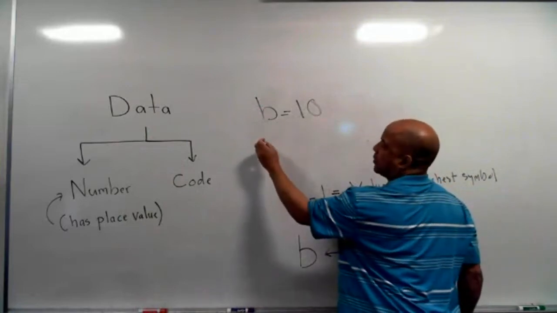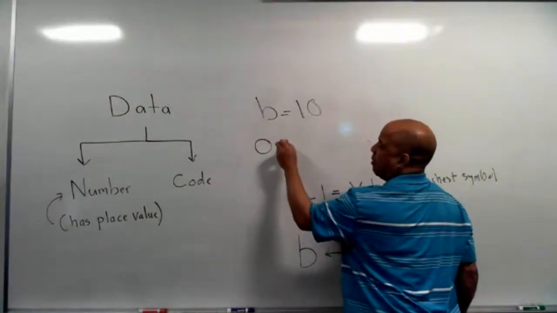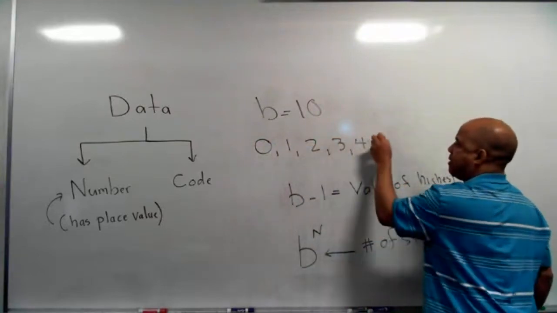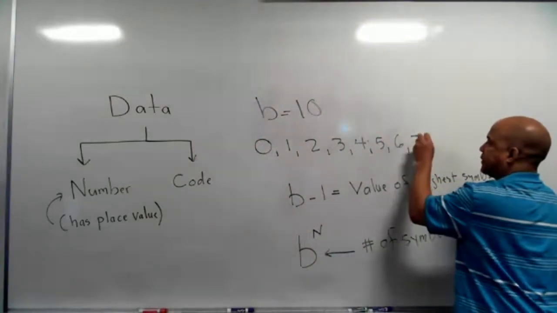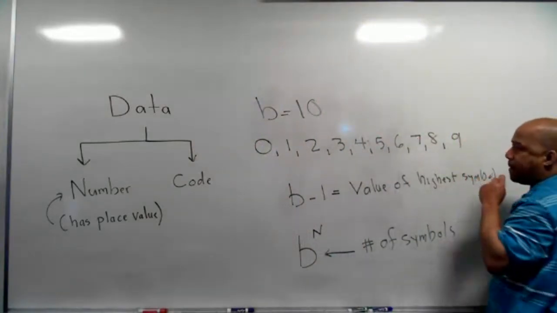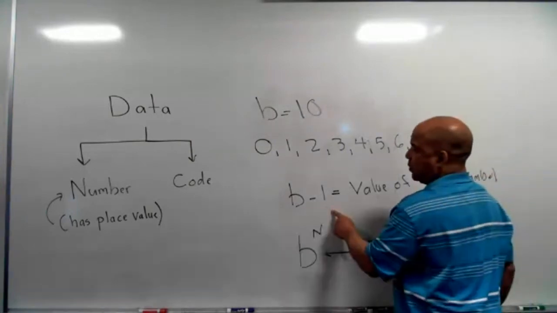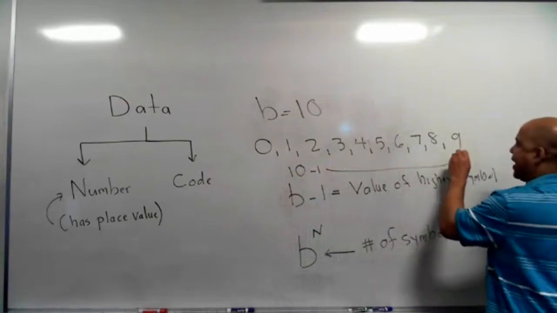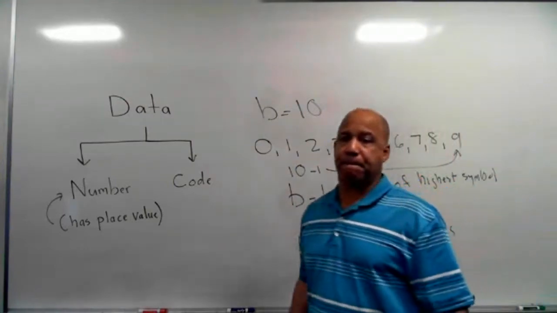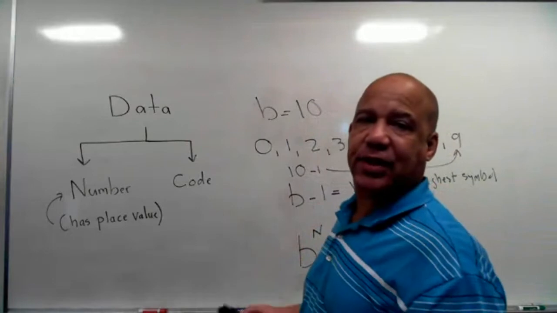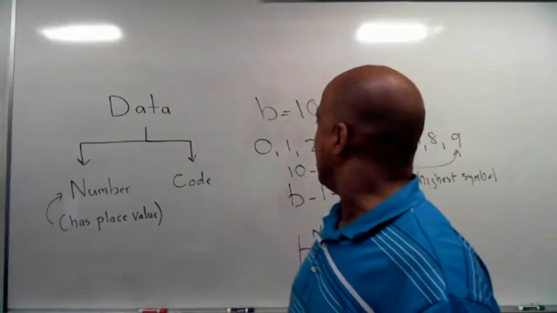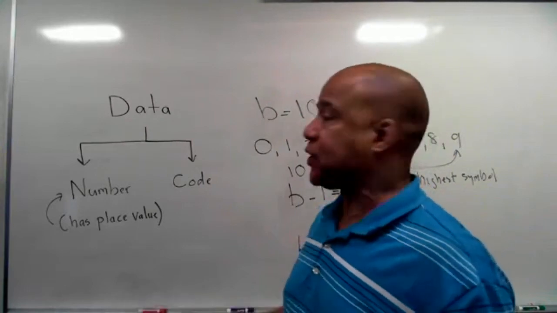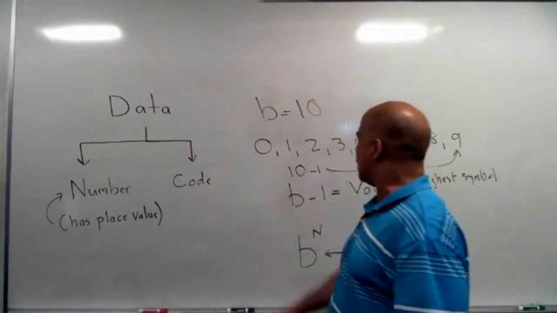Those symbols, we start with 0, and then we go 1, 2, 3, 4, 5, 6, and so on. If I take the base minus 1, 10 minus 1, I get the value of the highest symbol in the number system. This is nice because it not only works for base 10, it works for any number system. And as you'll learn, if you don't already know, we're going to talk about several different number systems as we go through the material.